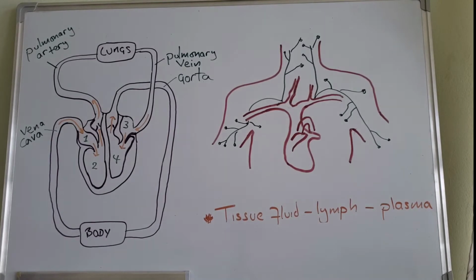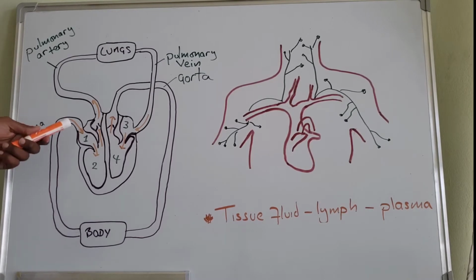All right, so if we turn our attention to my whiteboard here, we see my very crudely drawn diagram of the heart and basic double circulation diagram. The first thing I would like us to talk about is the fact that our human heart has 4 chambers. There are other animals that have hearts containing 2 or even 3 chambers, but as humans, our heart has 4 chambers.